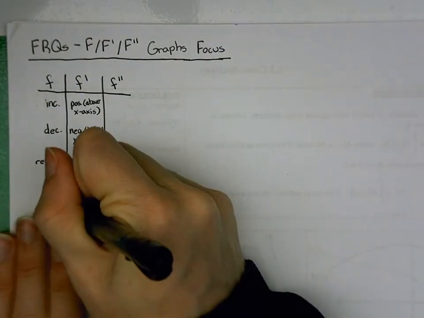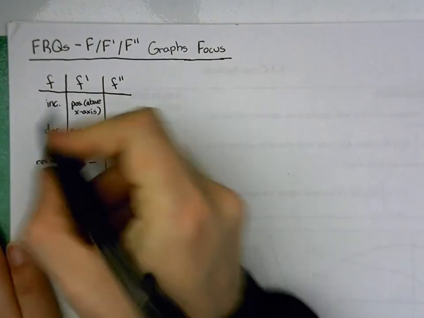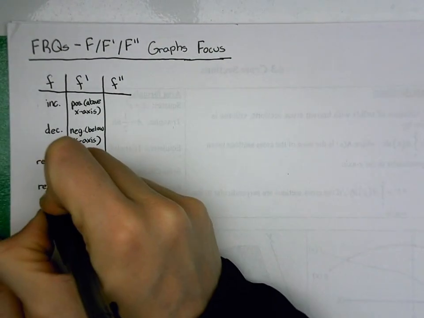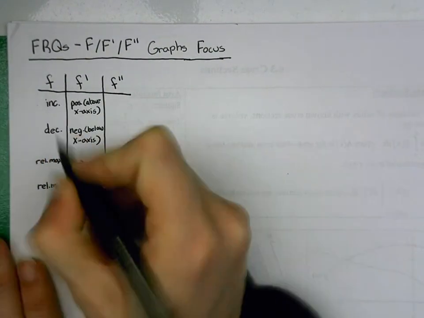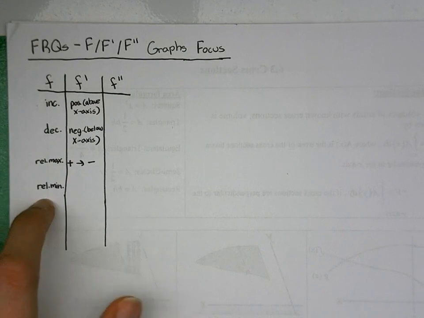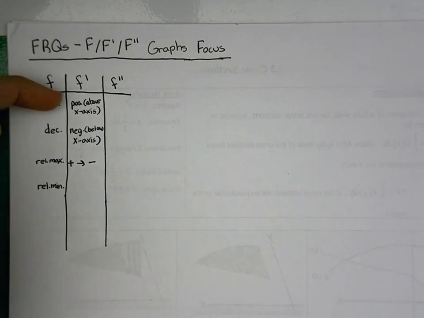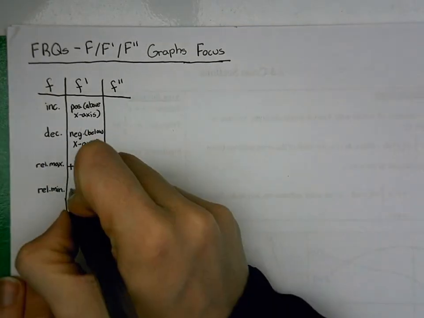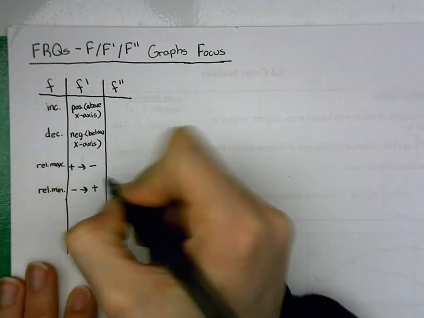Okay. Next up, we have F's relative minimum. What does that mean? Okay, well, relative minimum, where F changes from decreasing to increasing, so where F prime changes from negative to positive.